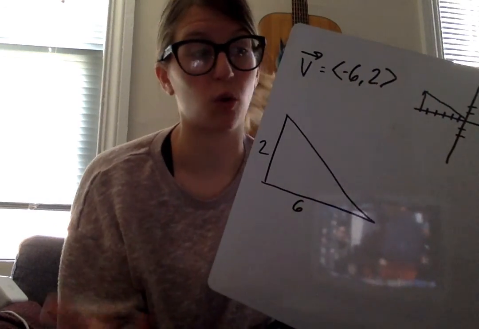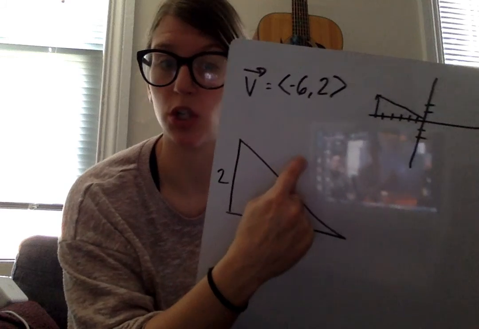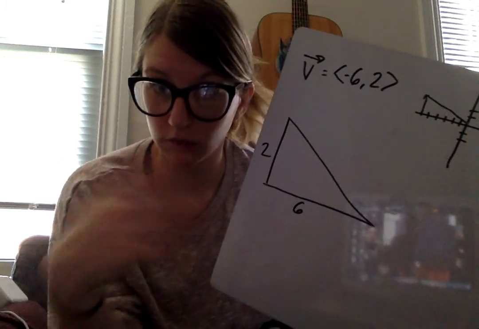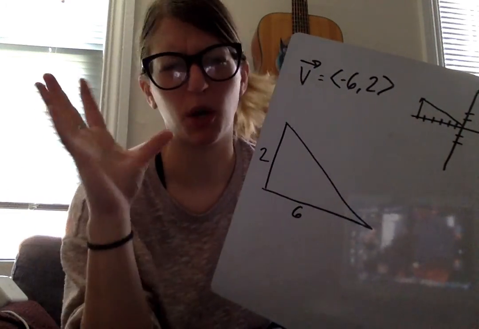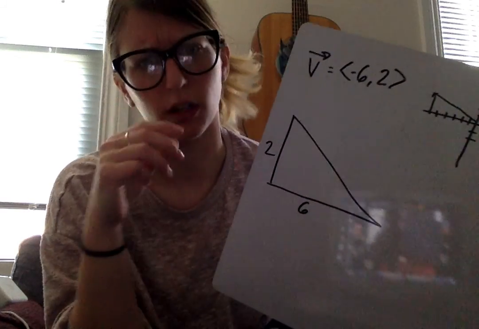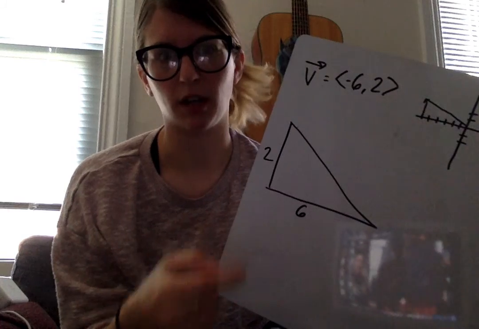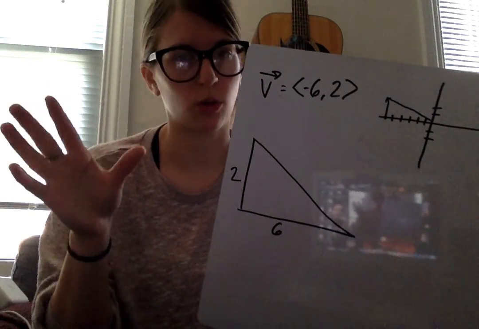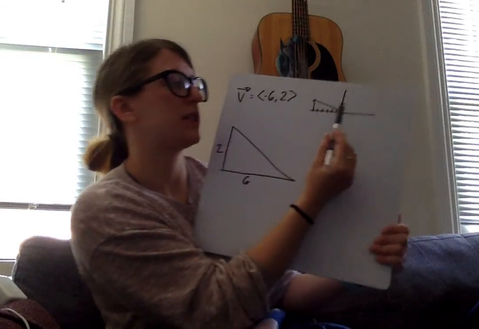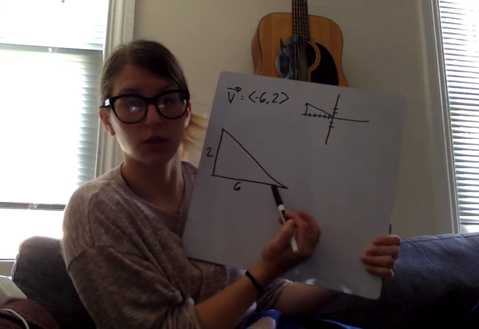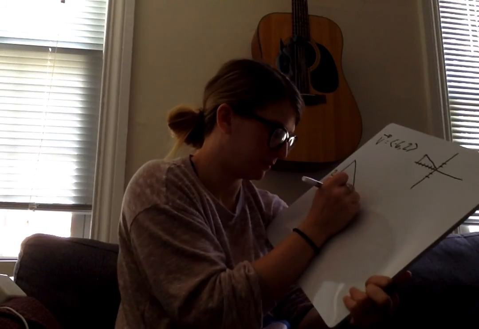Also, it doesn't quite matter when you're solving for magnitude, because when you square, it makes it positive anyway. But it'll totally mess up your theta calculating later on if you kept the negative. Theta needs to come from the origin. So theta is going to be here.